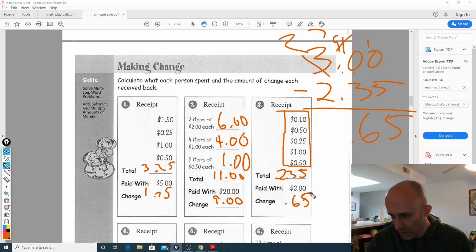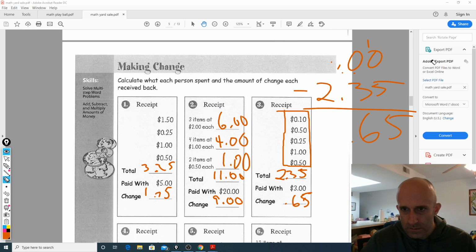Hopefully you can read my writing on this. 65 cents for that. Hopefully you have this down.